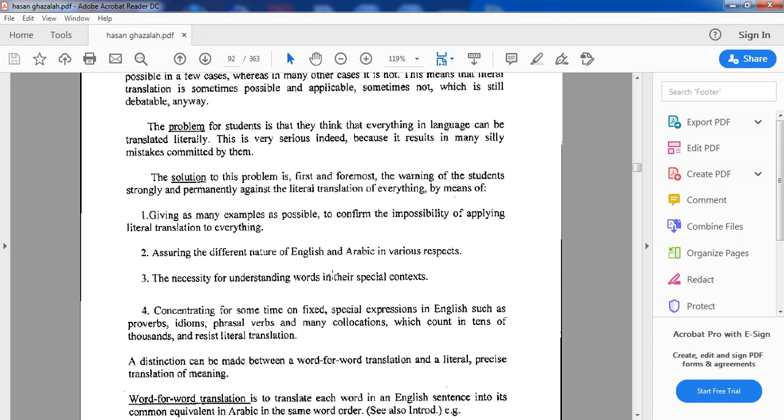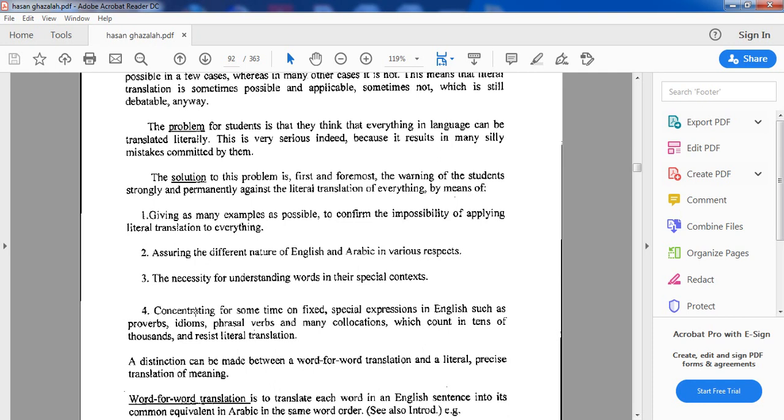I have to say a handsome boy. But in Arabic, فتاة جميلة وولد جميل. So we have to be careful. If we translate فتاة جميلة, a beautiful girl, I cannot say a beautiful boy. I have to translate it into handsome boy.